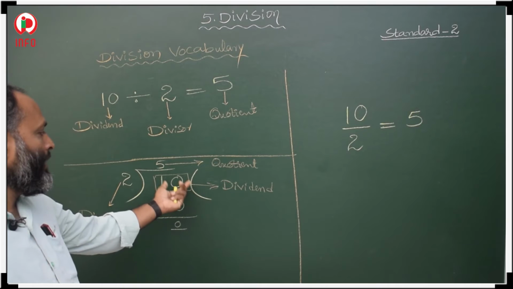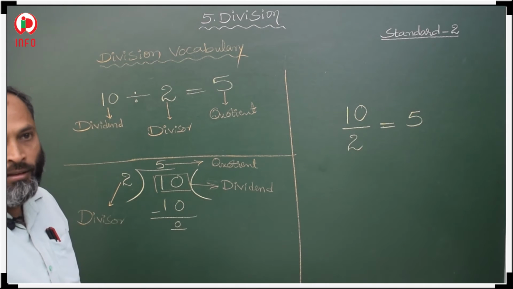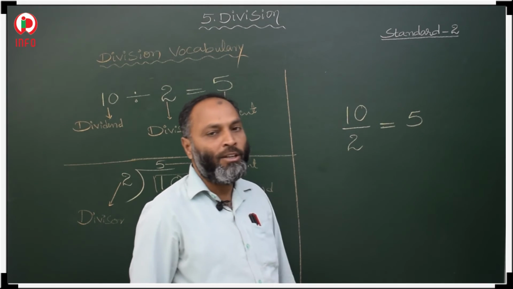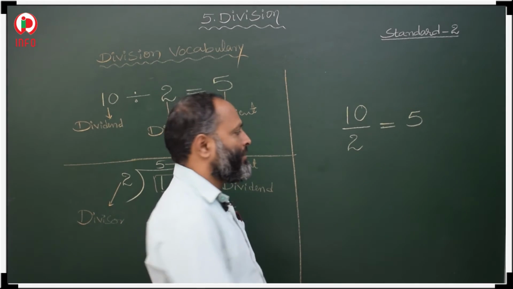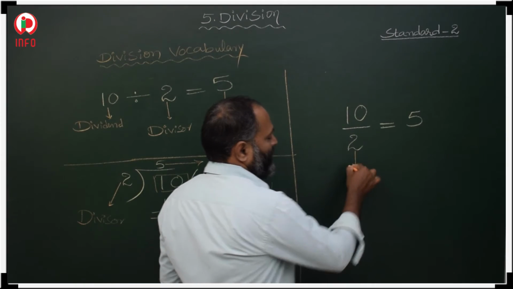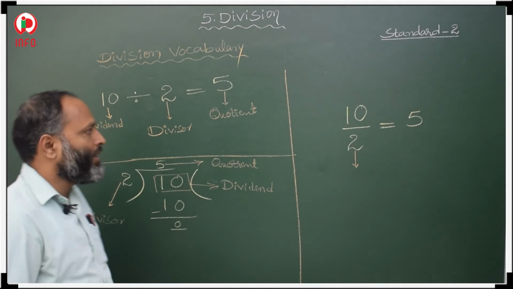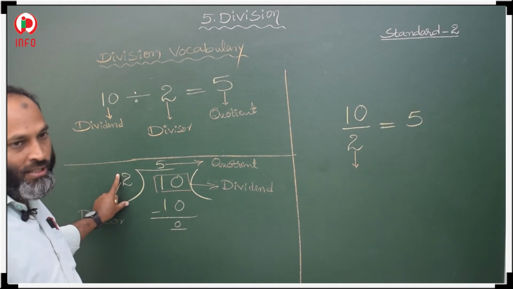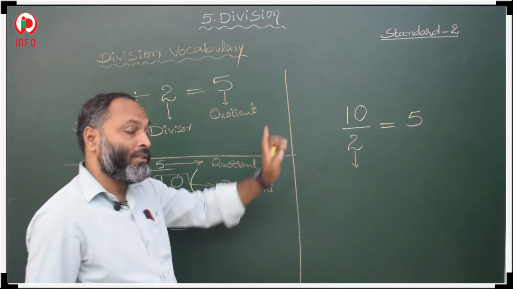Divisor, dividend, and quotient. And in this form also we can represent 10 divided by 2. 10 by 2 means 10 divided by 2. This is another form of division representation. The first representation of division is this, the second is this, the third is this.